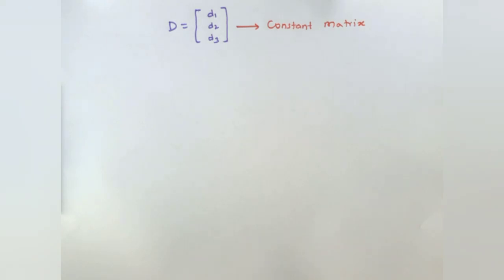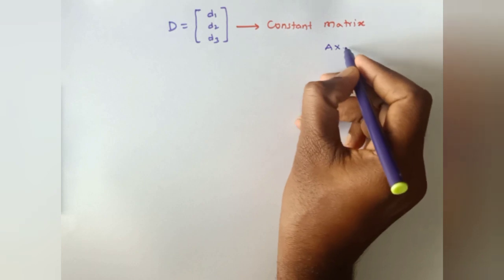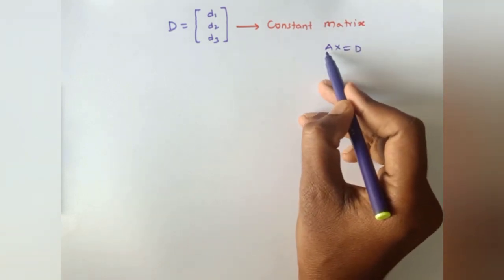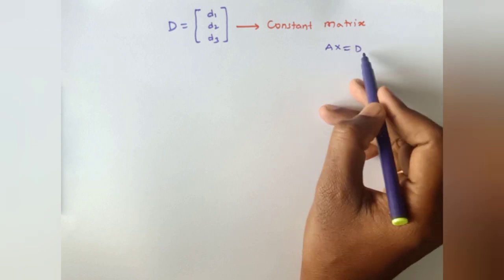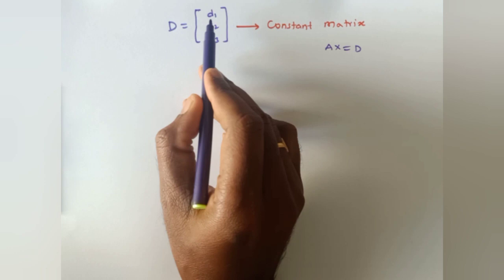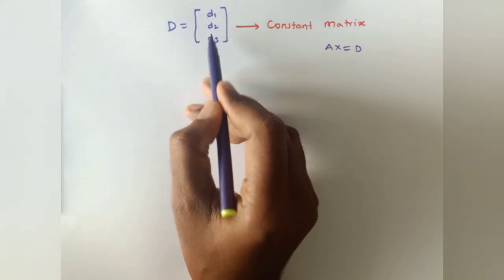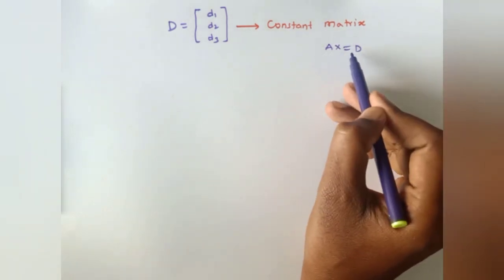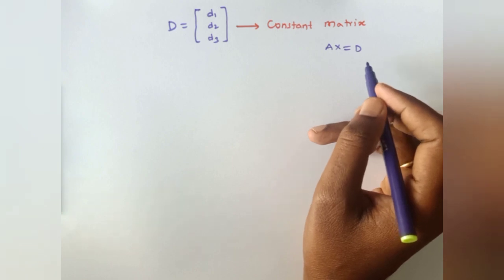Okay, so three matrices are there in the equation Ax equals to D. If we multiply the coefficient matrix A with X, we get the system of linear equations and equate to this D. So the first equation is equated with D1, the second with D2 and D3. If we simplify this entire equation, we get the system of three linear equations in three variables.